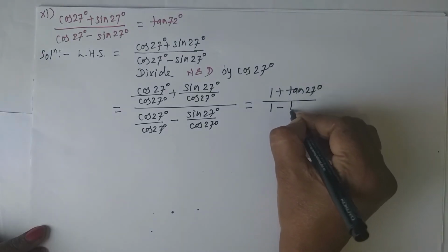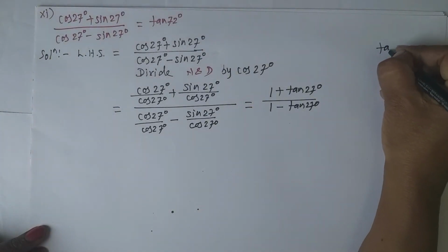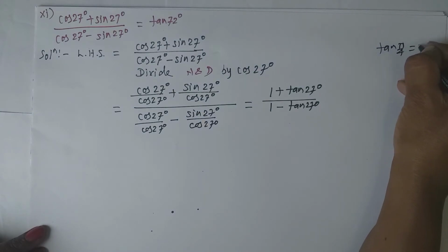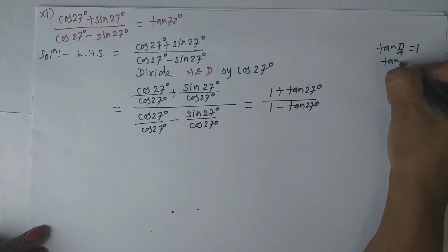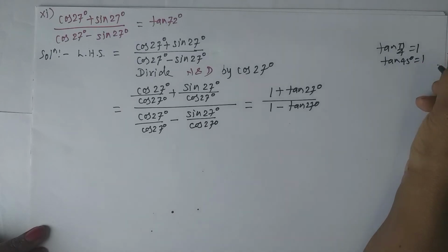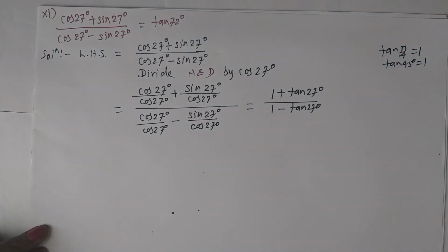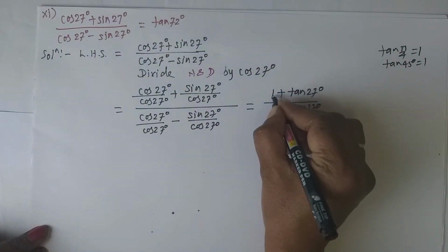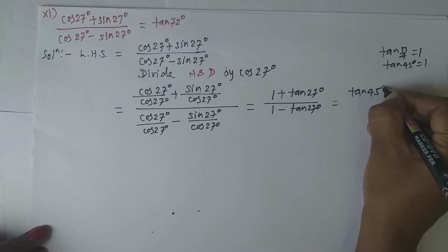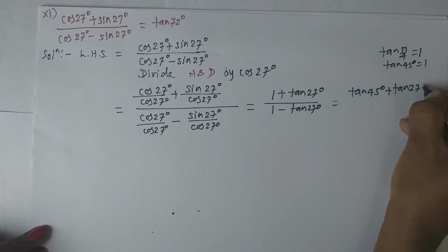And similarly here, now we know that the value of tan pi by 4, or tan 45 degree, is 1. Therefore for this 1 I will write tan 45 degree plus tan 27 degree.